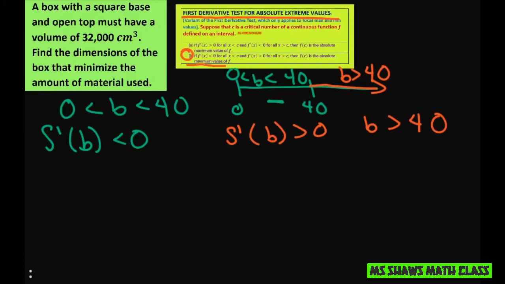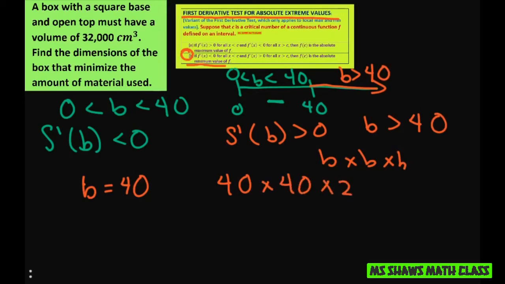That means our B is 40, and we're trying to find surface area. So that's just going to be 40, it's really base times height. So that's going to be 40 times 20, and that will be your surface area.